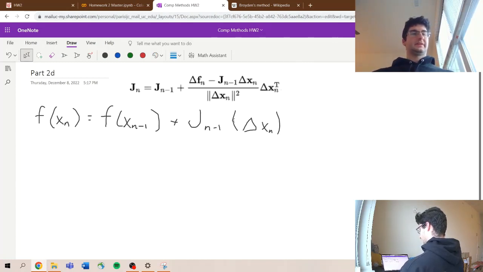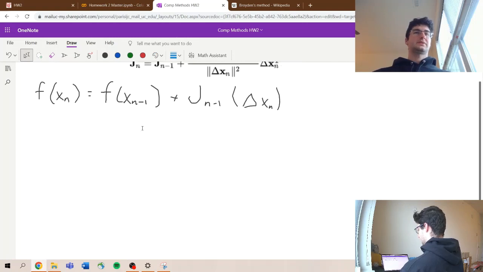This comes from Newton's method and actually forms the basis of how we apply this equation to solve for roots.